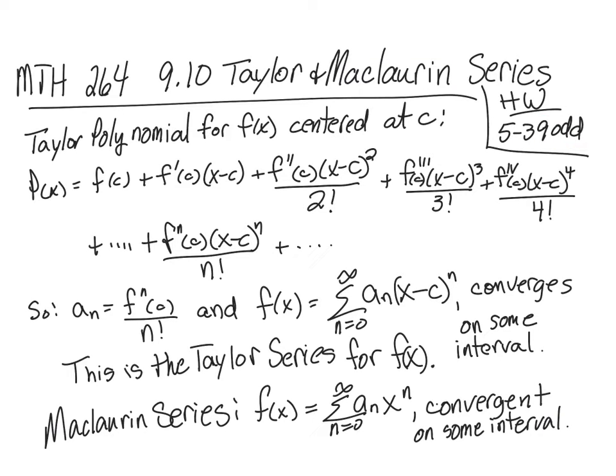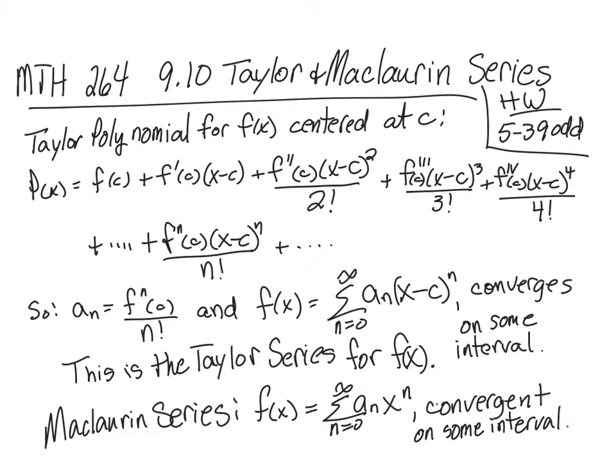Now, in a previous section, we learned how to build Taylor and Maclaurin polynomials. And you may have noticed when you were doing that homework, if you did that homework, that sometimes you could see a pattern in the coefficients. And that's the whole deal that we're doing now.